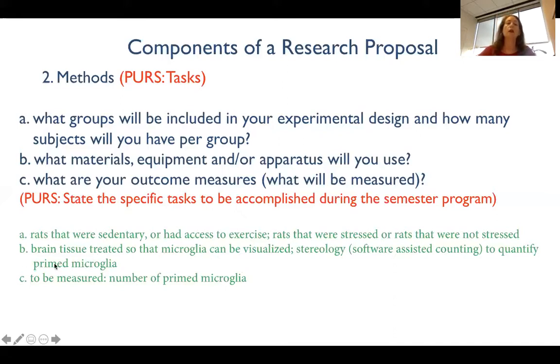This A corresponds to the groups in his experimental design. B corresponds to what he's actually going to be doing. He's going to be working with tissue, working with a microscope, counting cells, and his outcome measure is the number of primed microglia.